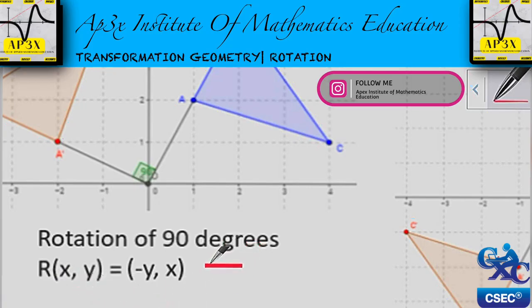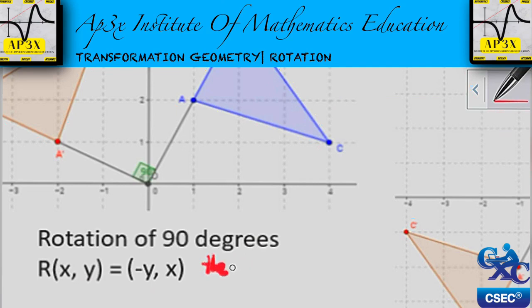Let me just write that down. The ordinate, pardon me, I think my space is too small, guys, so I'm just going to say it verbally. The ordinate values are interchanged. So I switch the position of the x and the y, but upon switching, I also change the sign of the y.